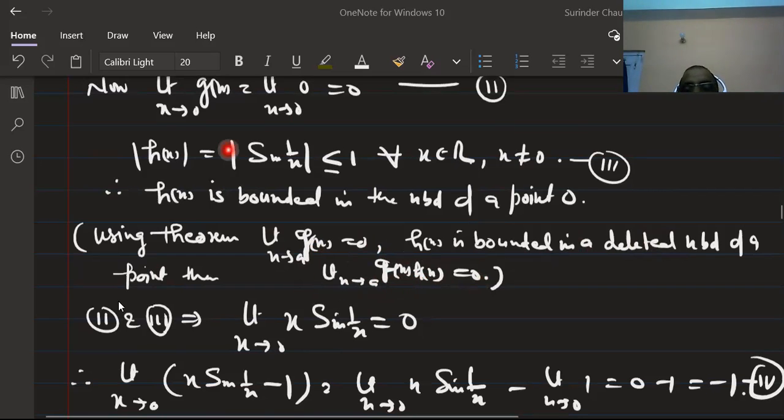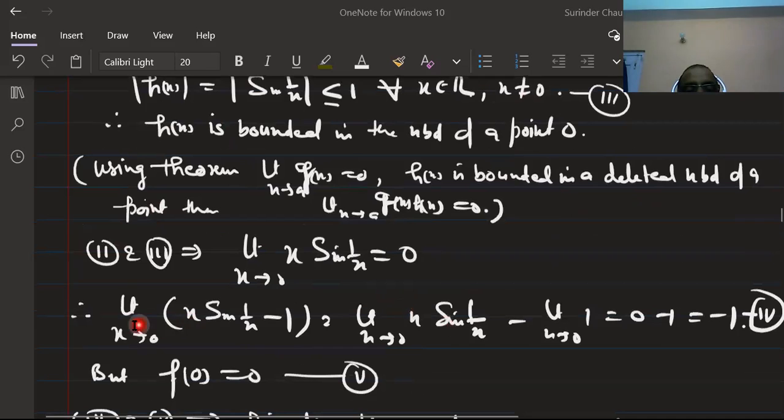So the limit as x goes to 0 of x sin(1/x) is 0. Now substitute it here. Limit as x goes to 0 of f(x) is the difference of the limit of x sin(1/x) and the limit of 1. Because the first is 0, 0 minus 1 is minus 1.